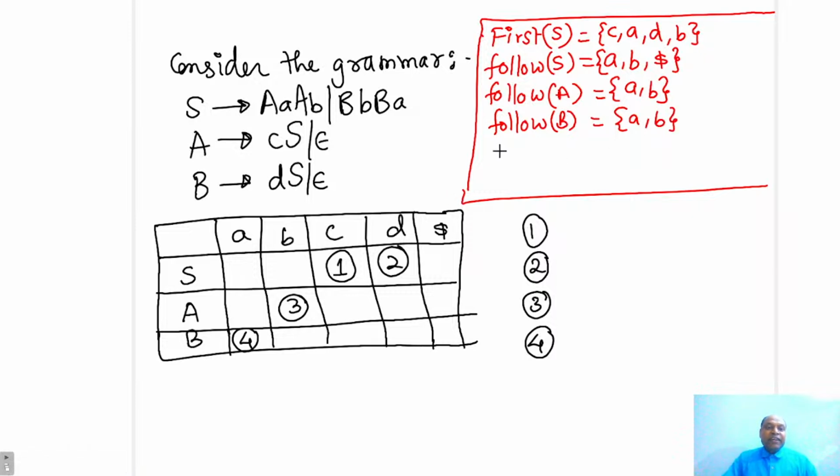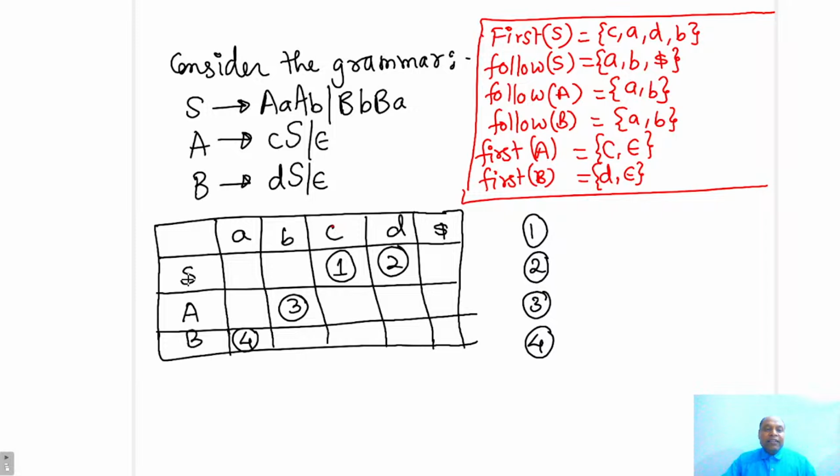Now, what do we need to identify? First of A will be C comma epsilon, and first of B will be D comma epsilon. Now, the question says in place of 1, what we'll get?